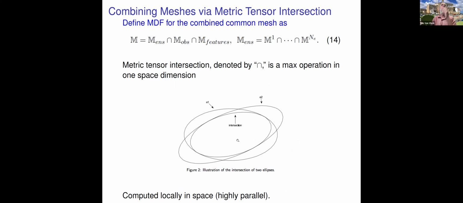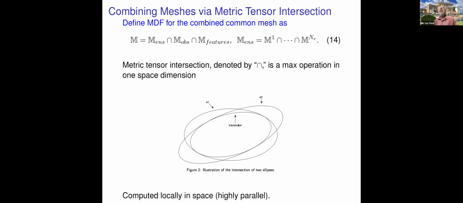Okay, so what we're trying to do is find a mesh density function that's going to do a good job, and we have several sources that feed into it. The two primary ones are the good solution of the ensemble forecasts, and factoring in the observations.